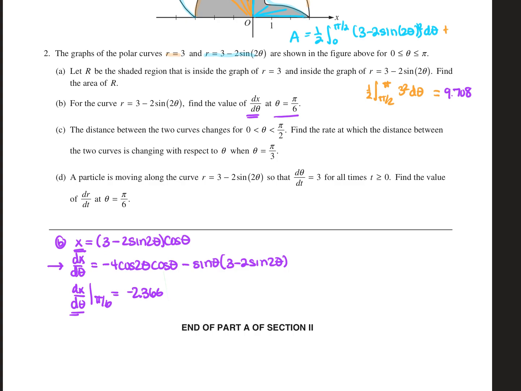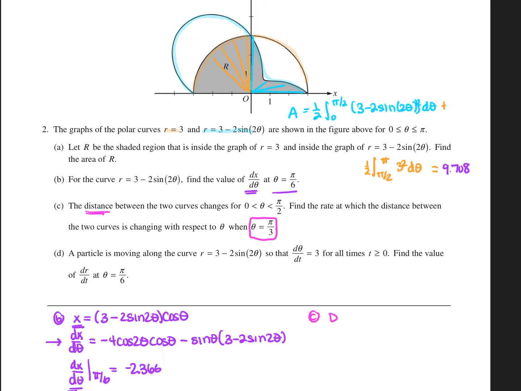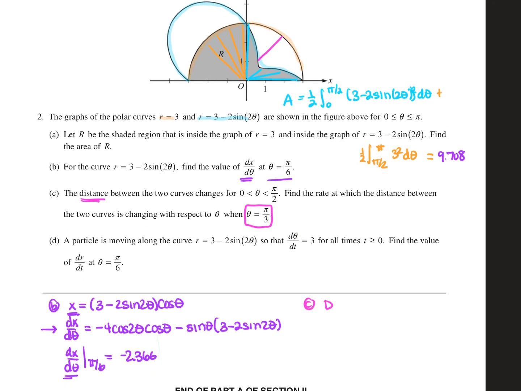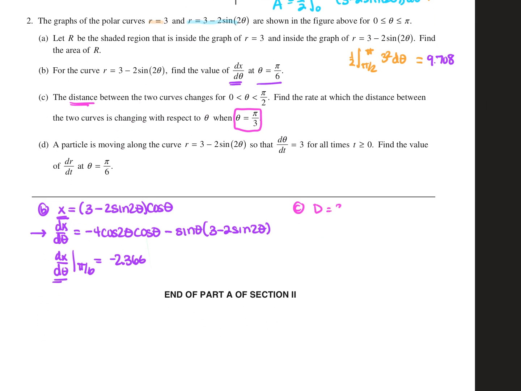So part C, the distance between the two curves is changing between 0 and pi over 2. Find the rate at which the distance is changing when the two curves are at pi over 3. So the distance between the two curves is going to be the big curve minus the little curve. So for us, 3 minus 2 sine 2 theta.